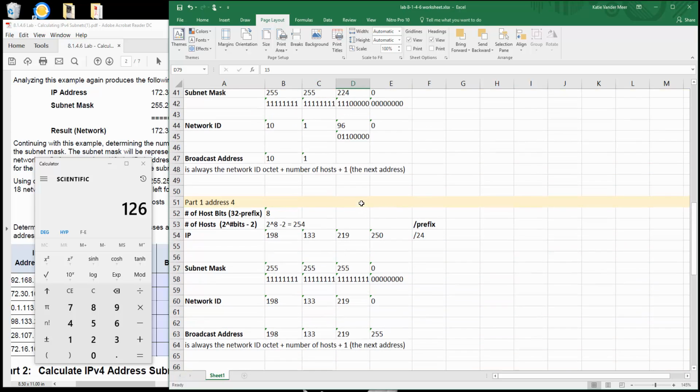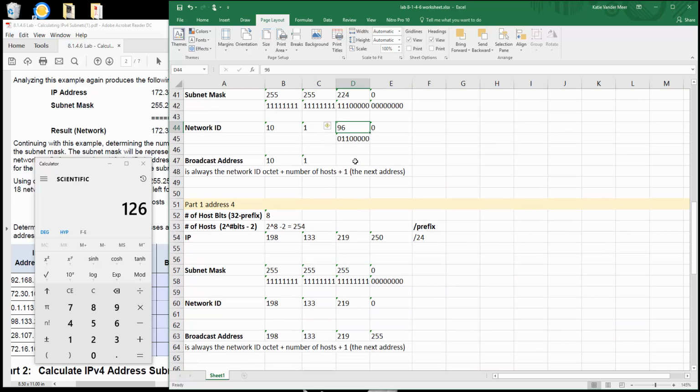And then this one up here, we already know 196 is 30 hosts on a portion of that, because over here it's all of those hosts that 255 would represent. So this is 127 because 96 gives us 30 hosts on this part of the network, which leaves us 127 there.